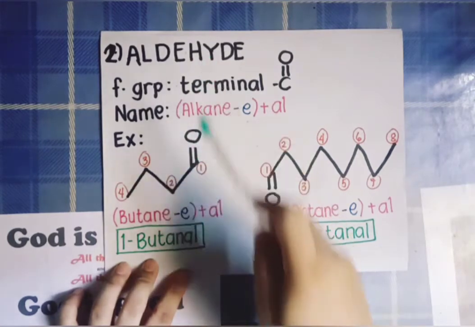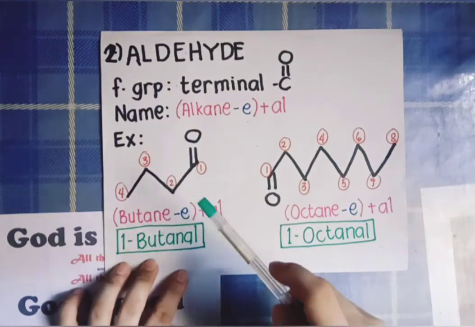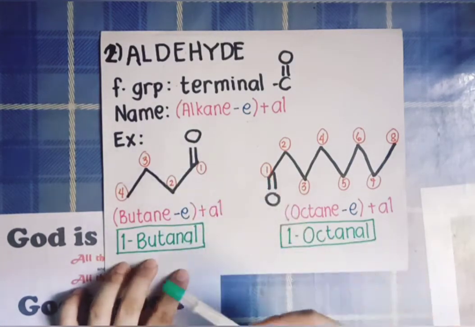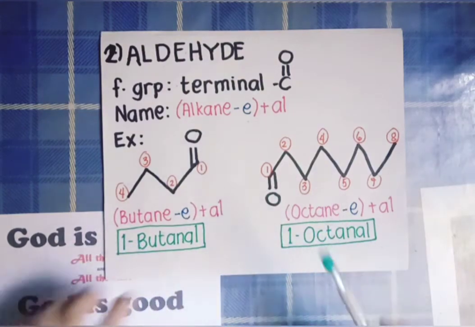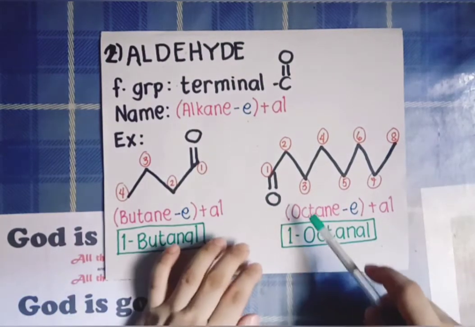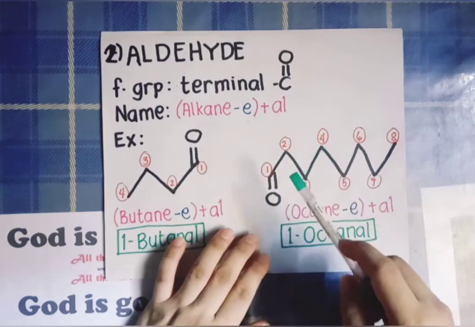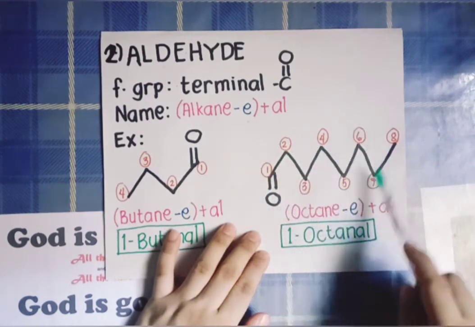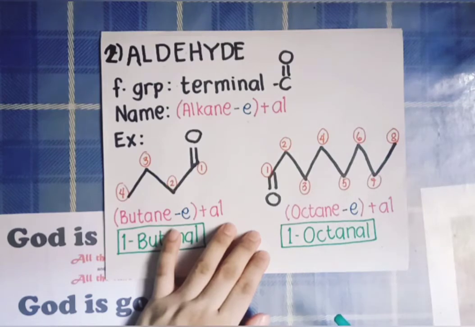And take note that in aldehyde, the carbon atom that bears the C double bond O will always be the carbon number 1. Okay? For the second example, let's have here this molecule, this organic compound, which consists of 1, 2, 3, 4, 5, 6, 7, 8 carbon atoms, and therefore its parent chain is octane.